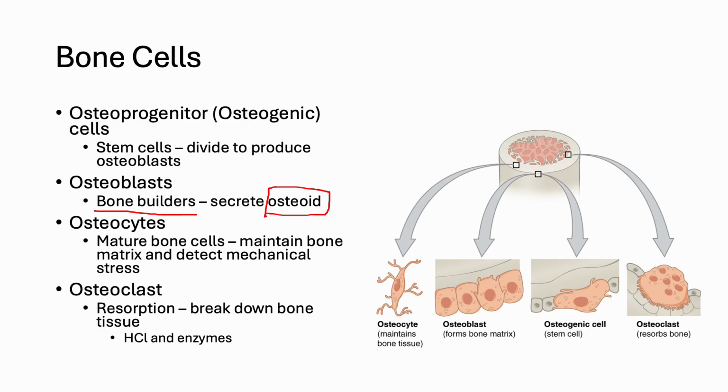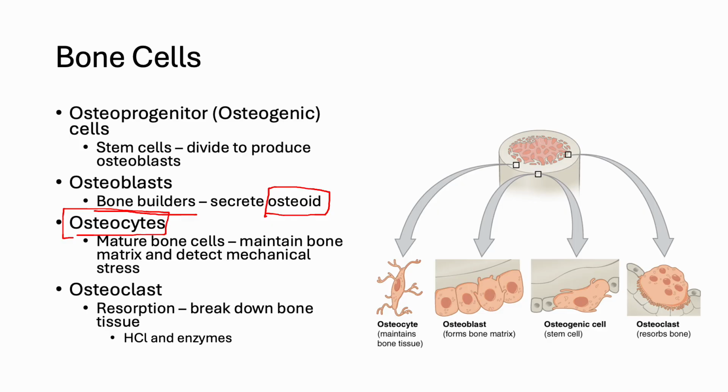So the osteoblasts are basically building up this matrix, the extracellular matrix, and eventually they will become surrounded by that matrix. At that point, they are considered mature osteocytes. So these are mature osteoblasts, right? And the purpose of these osteocytes is to maintain the matrix and to detect what kind of stress, specifically mechanical stress, is put on the bone.